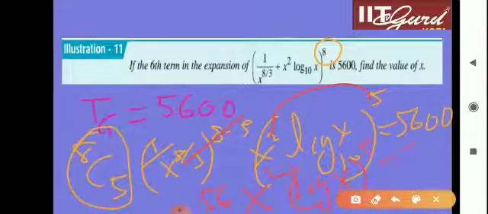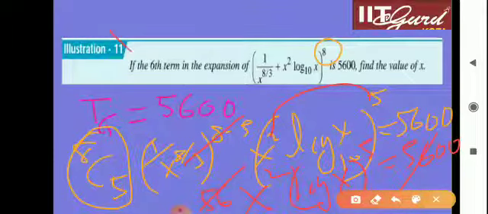Correct. Now on solving all this, what result will you get? After cancelling 56 with 56, 5600 gives 100, so x square log x base 10 to the power 5 will be 100.